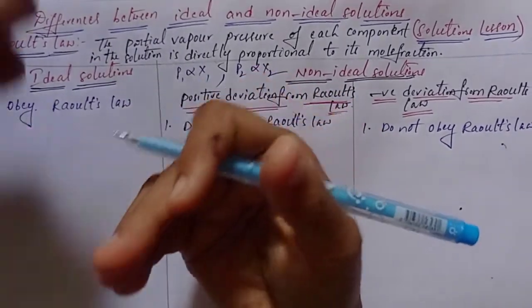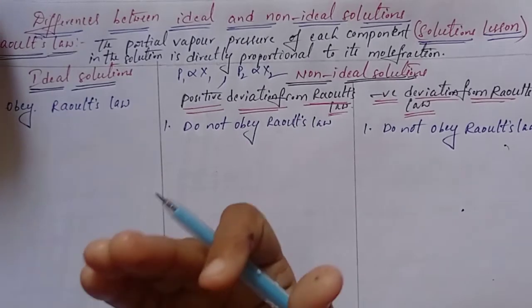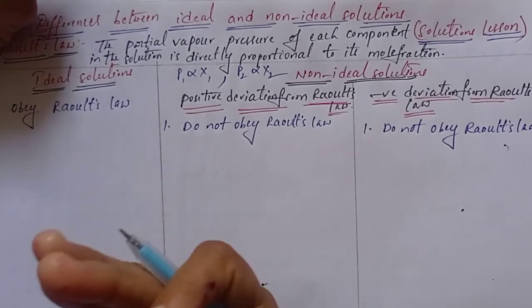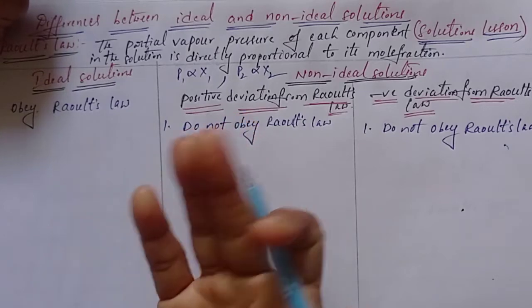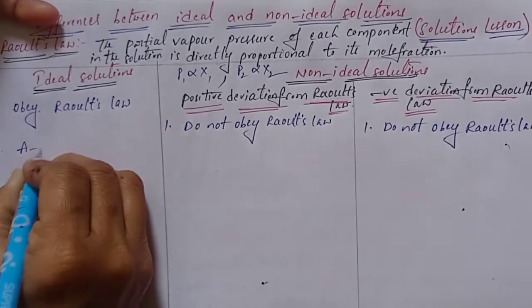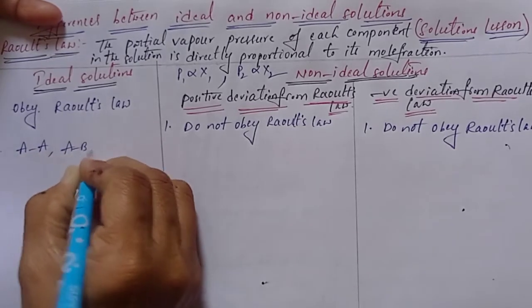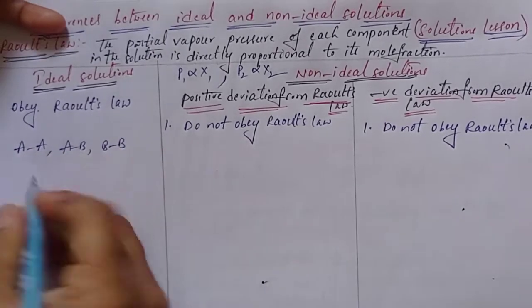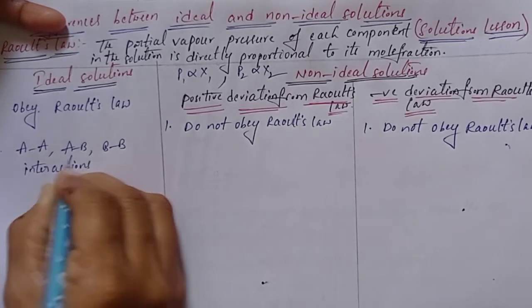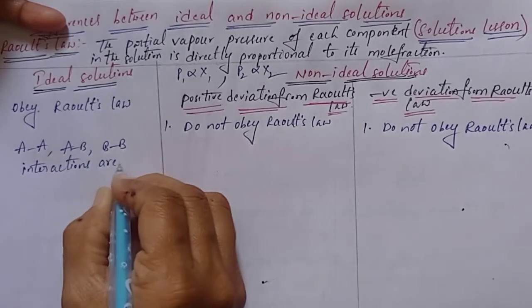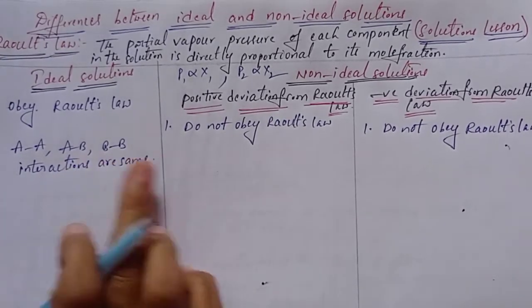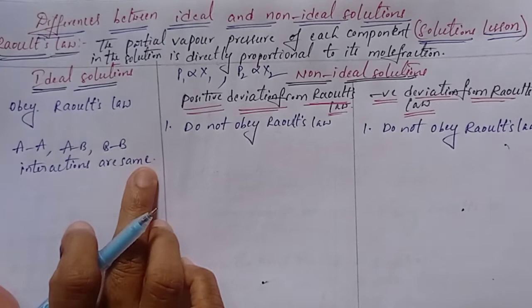Now going to the second point, students: AA, AB, BB interactions are same. That means A and B are identical in shape, size and character. AA, AB, BB interactions are same. That means what?